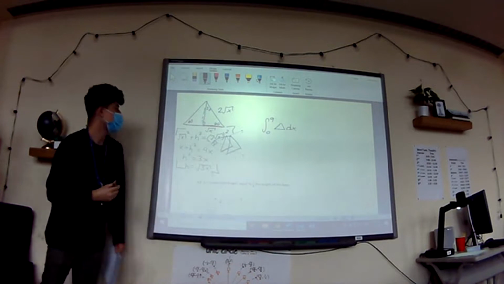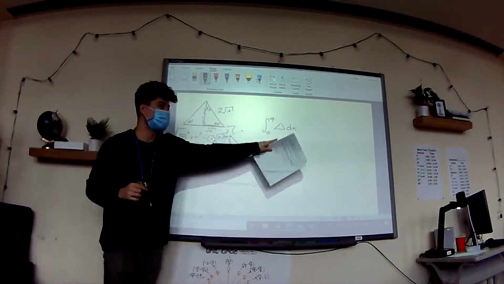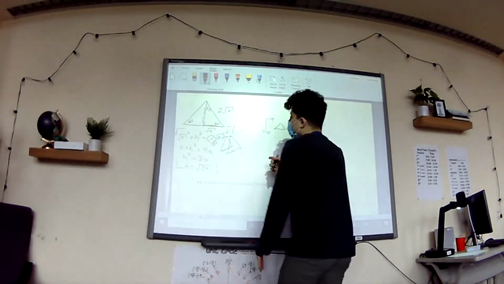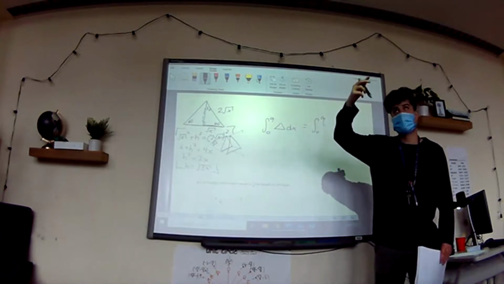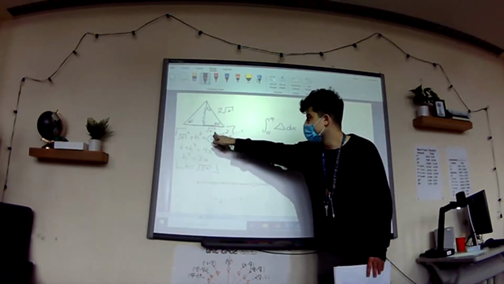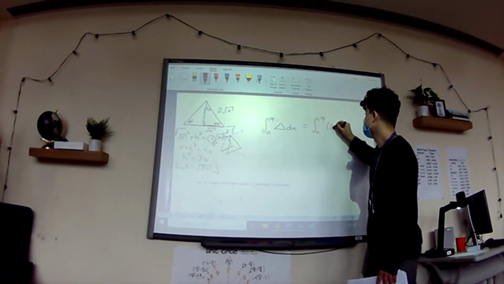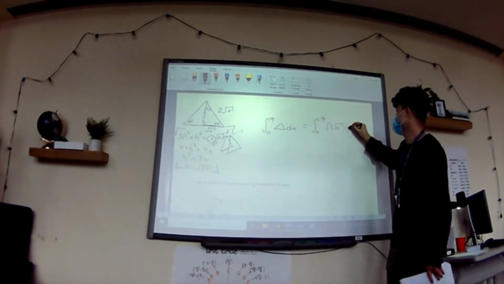Okay, so that was side work, but now I can get into the actual integration. Going back to this, we just said that the area of a triangle is half base times height. Base, we said, was 2 square root of x. The height we agreed was the square root of 3x.